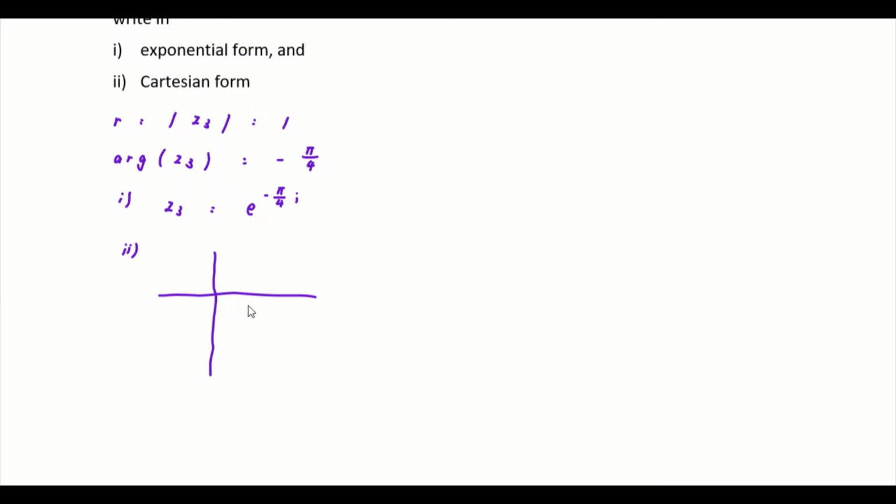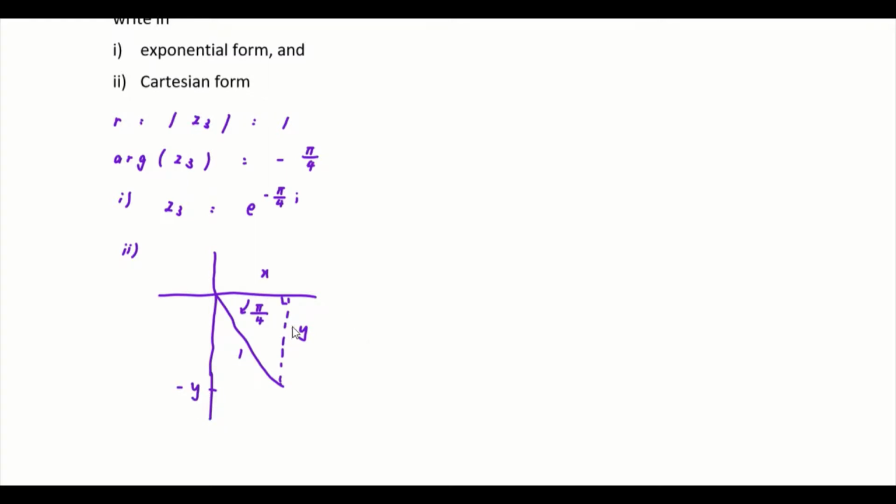So it should be somewhere here only. And this is pi over 4. We know that the r here is 1. The same thing, we need to find out what our x and y are. And don't forget your y here should be a negative y.